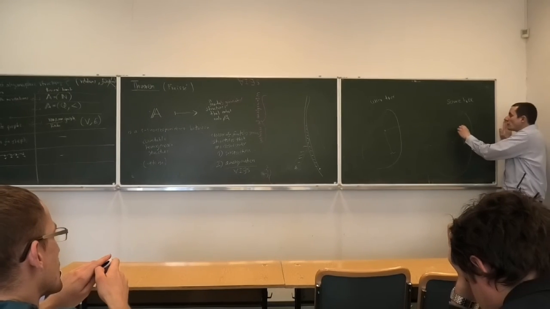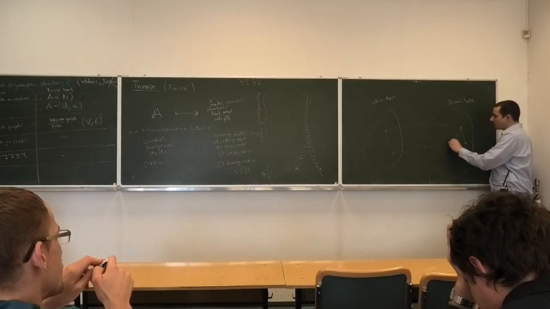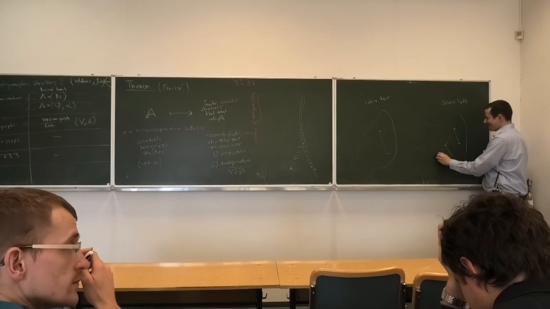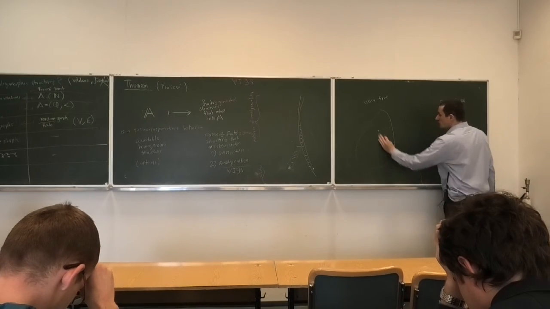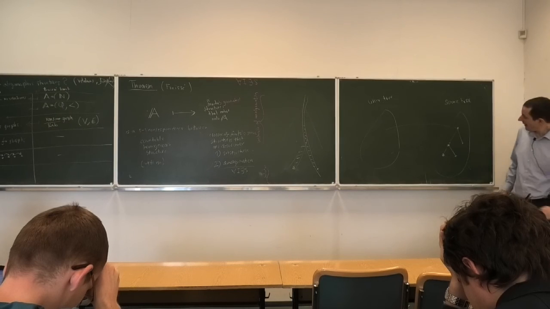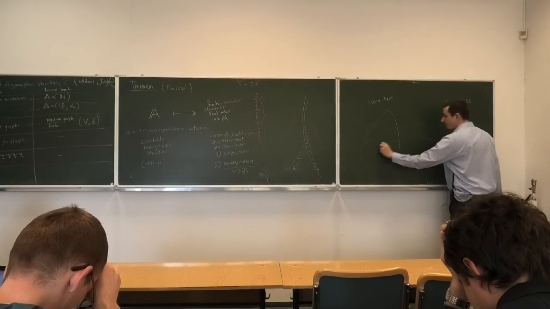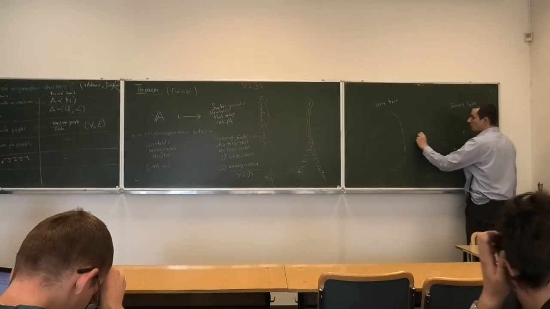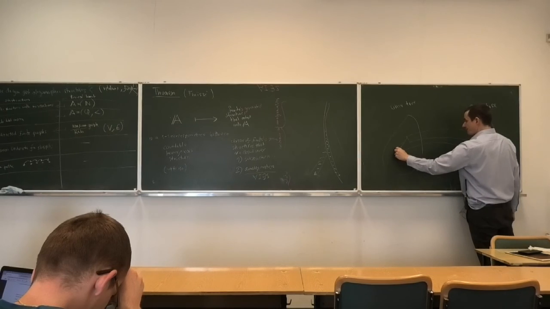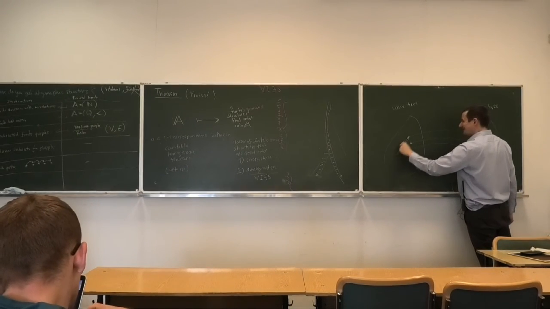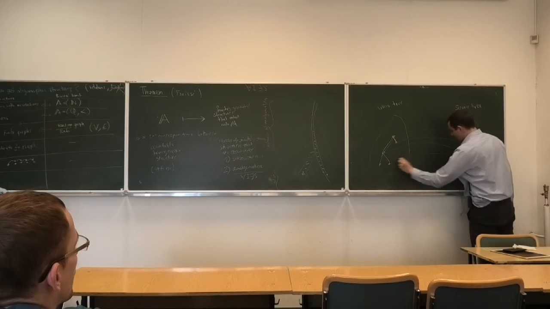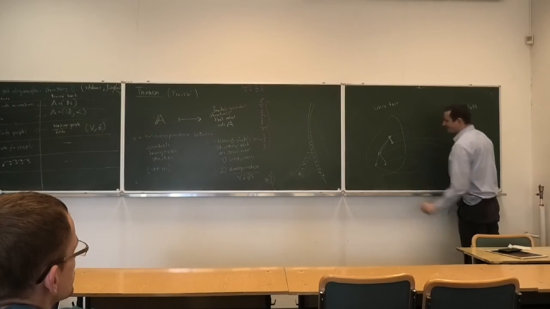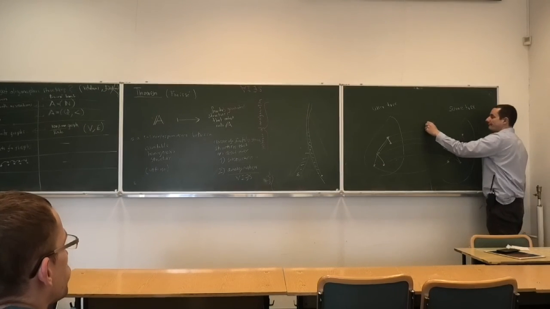Suppose that I've already mapped part of a tree, so suppose I've embedded a finite tree, such as this one, into the homogeneous one. So I have an embedding like this. This is an embedding F.